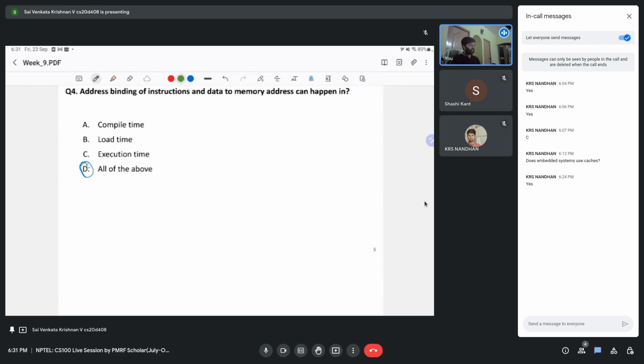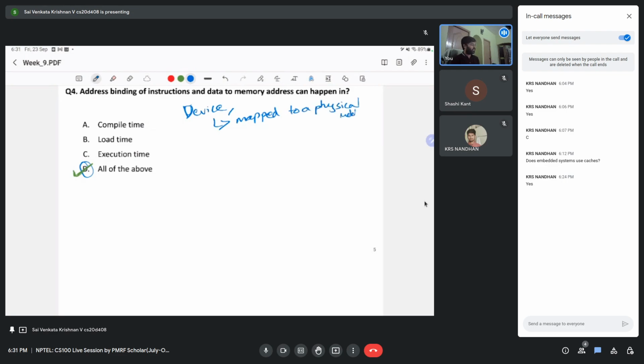So the correct answer is all of the above, as Sashikant has mentioned. In compile time, say for example, even in MMU systems where there's virtual and physical memory, the logical and physical address. When you're trying to access some specific device, the device will be mapped specifically to a physical address, so it will always be present over there.